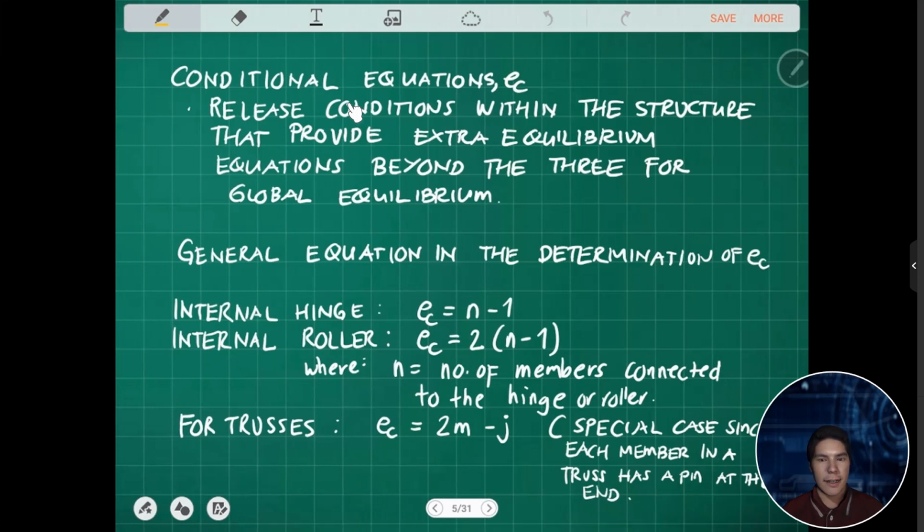Okay, so let's talk about the conditional equations. These are the release conditions within the structure that provide extra equilibrium equations beyond the three global equilibrium equations, which are summation of forces x and y, and moment at the z-axis.